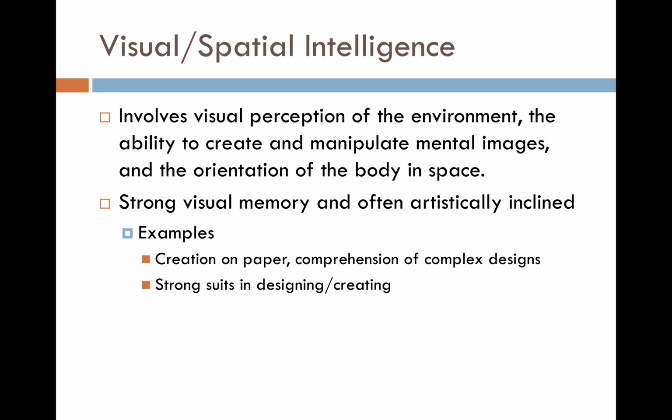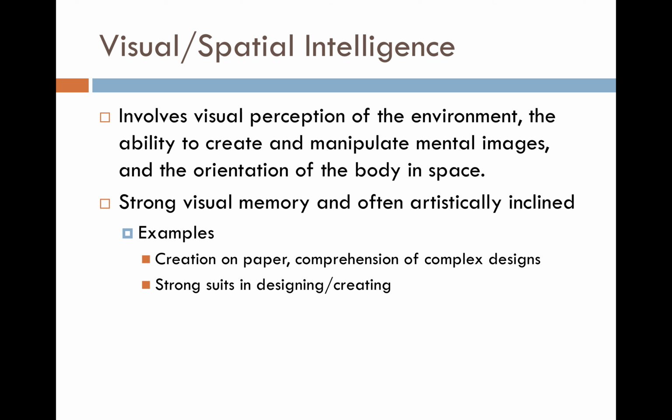Next, we have visual spatial intelligence. This intelligence involves visual perception of the environment, the ability to create and manipulate mental images, and the orientation of the body in space. They have strong visual memory and are often artistically inclined. People with strong visual spatial intelligence are typically very good at visualizing and mentally manipulating objects.